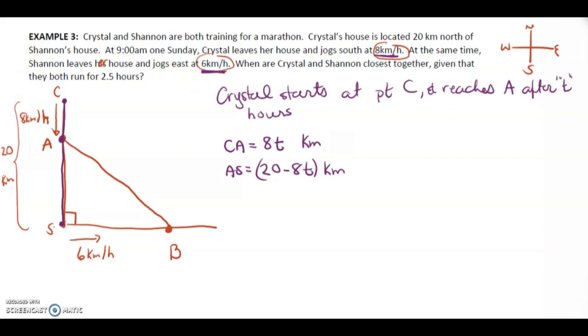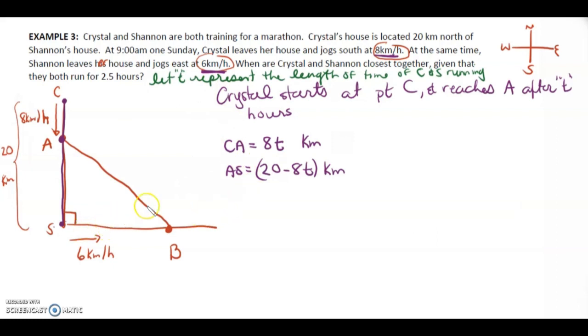And we can go back up here and say, let t represent the length of time that Crystal and Shannon, so C and S, run. Okay, so we talked about Crystal. That's in purple. Now let's talk about Shannon.